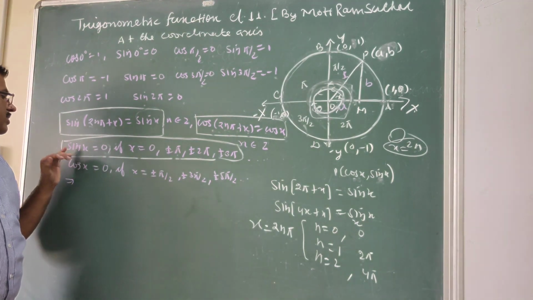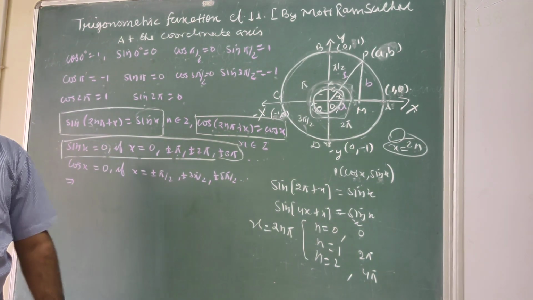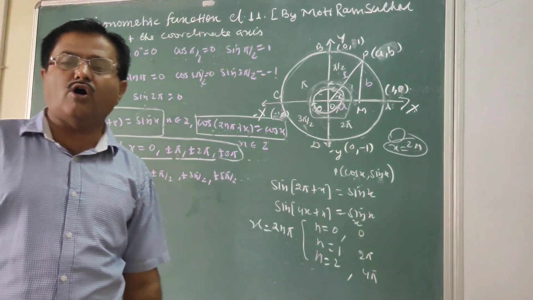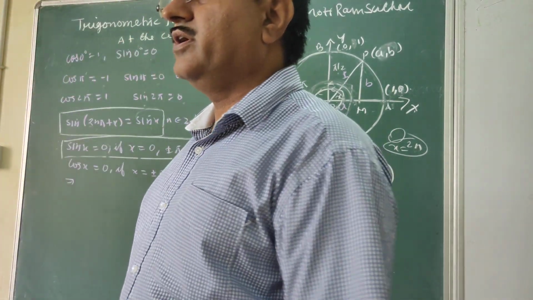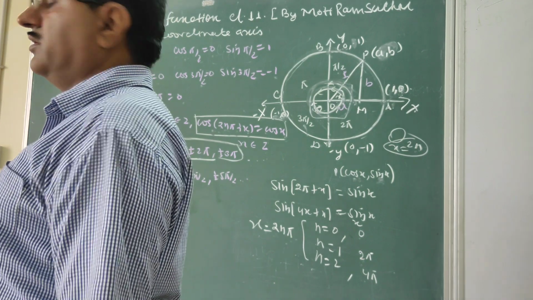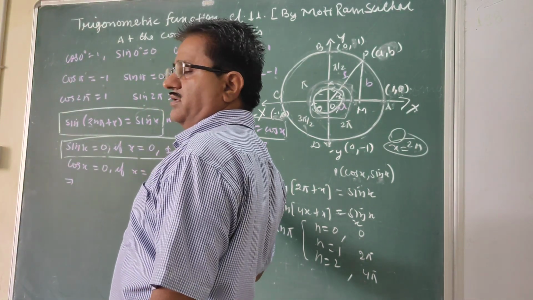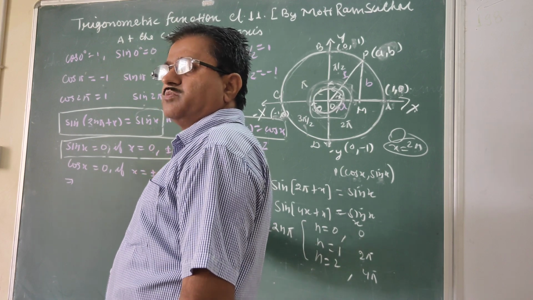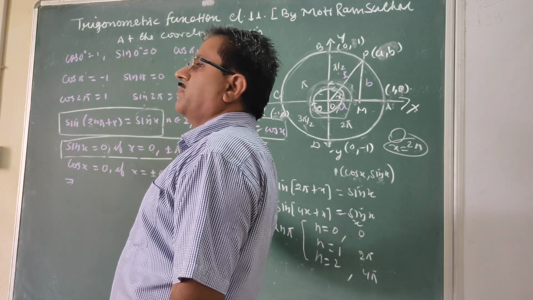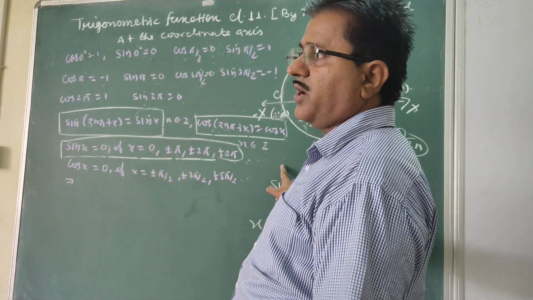So remember the formula: sin x will be 0 for all integral multiples of pi. These values are not integral multiples of pi. 0, plus minus pi, plus minus 2 pi, 3 pi, 4 pi.